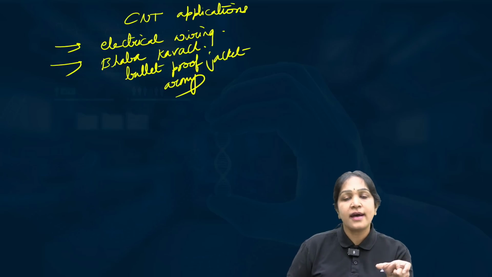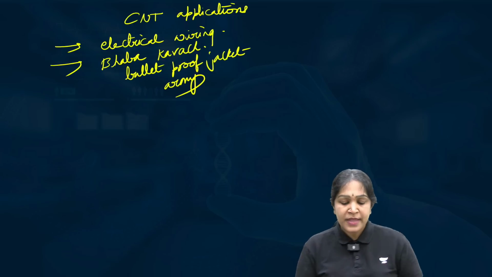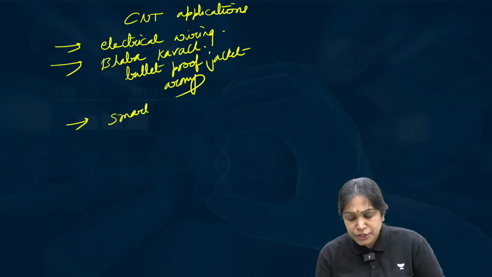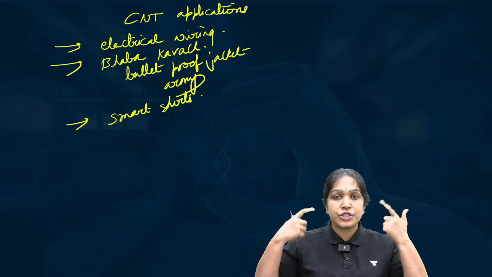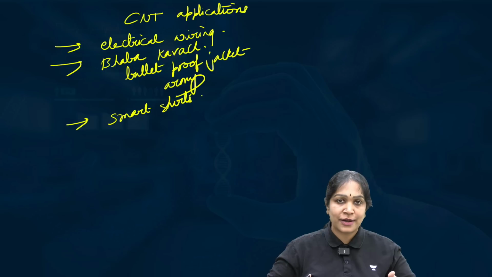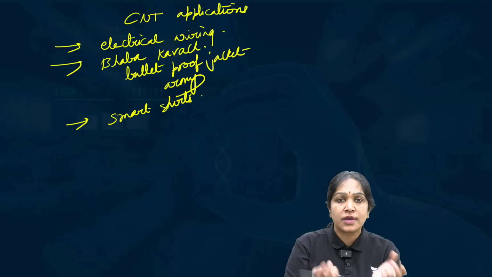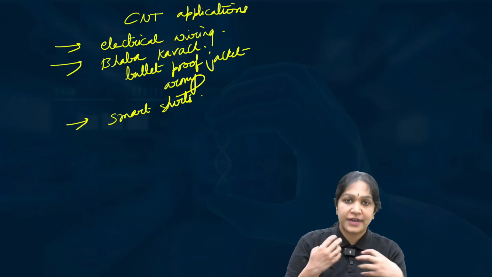It can protect the army even from AK-47 bullets. Okay, and then we can also use them in smart shirts. I mean, if I wear a shirt made up of carbon nanotubes, the ECG, electrocardiogram, can test our heart functioning.